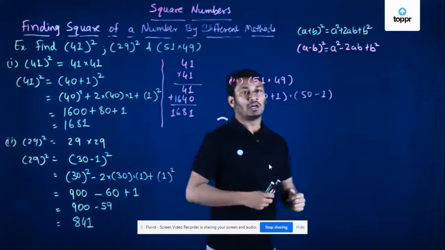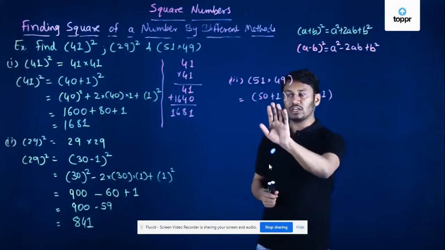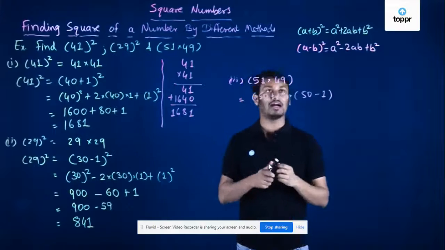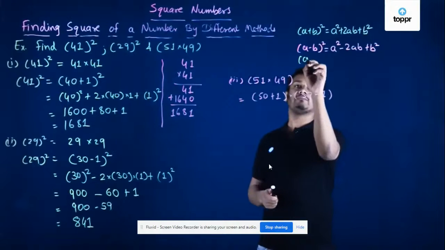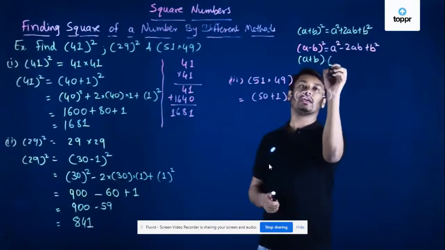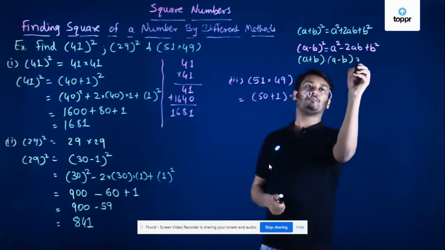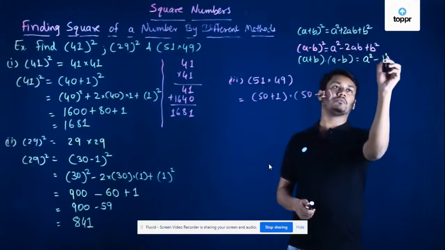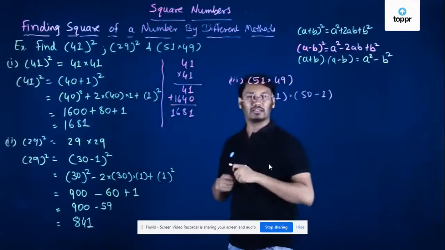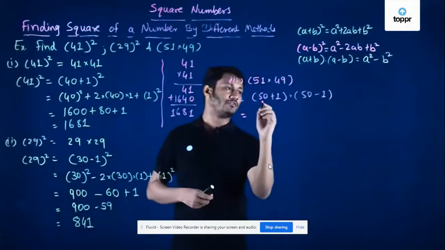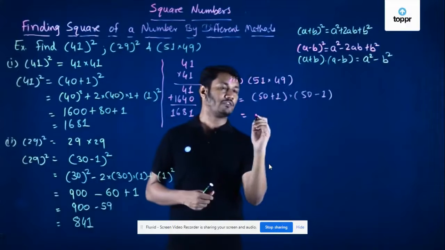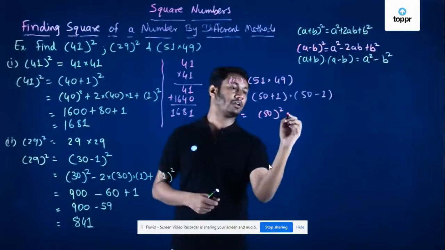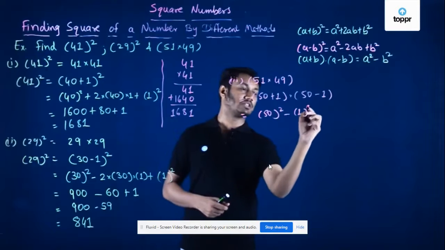But if I write 51 into 49 in this particular form, then I can use the formula a plus b into a minus b. Now a plus b into a minus b is nothing but a square minus b square. And hence here we get 50 into 50, which is a square, so it will be 50 square minus b square, which is nothing but 1 square.